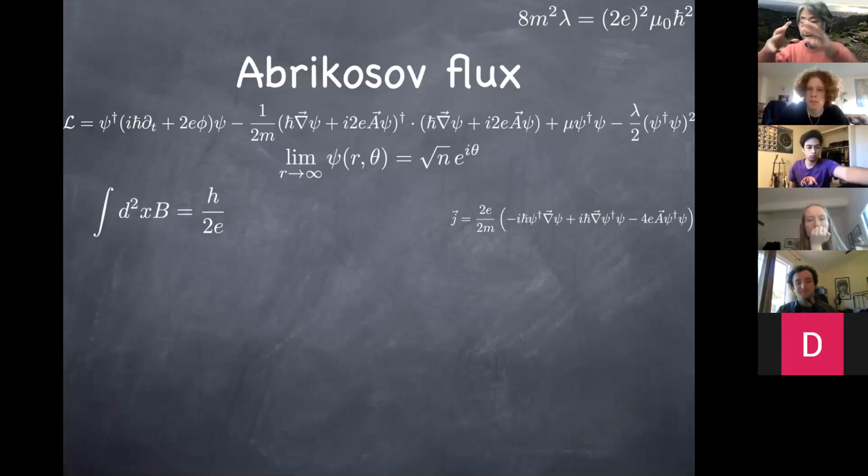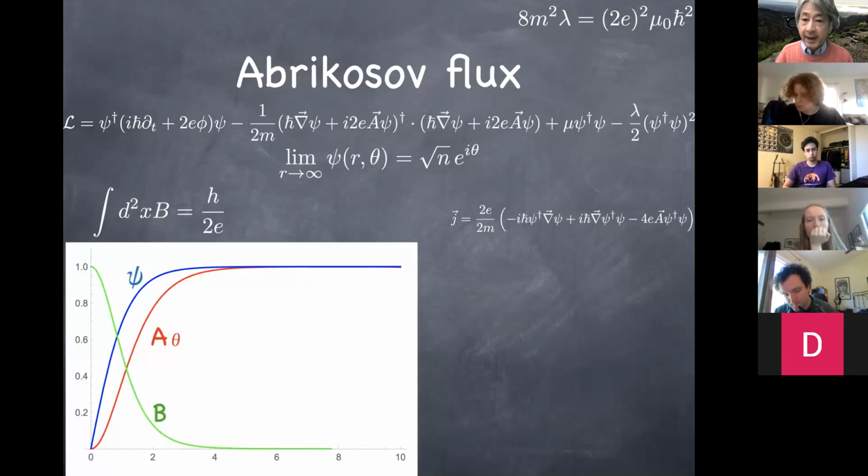You have a piece of contiguous bulk superconductor, but once you take this kind of boundary condition at infinity, you see a magnetic flux punching through it, and hence the flux predicted by Mr. Abrikosov, the Abrikosov flux.